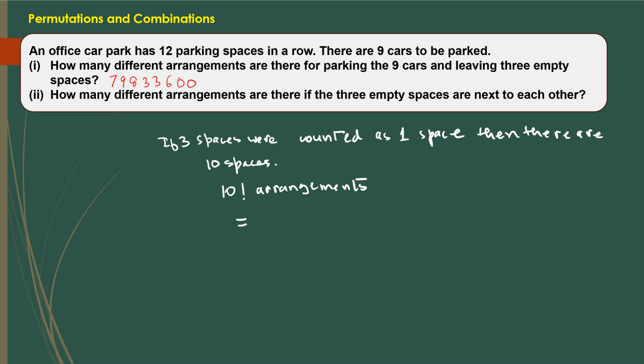And that is also equal to, so we can say the answer equals factorial 10, and that is equal to, so we need to add another 0 after factorial 9. So we would get 3,628,800, and that's the answer.